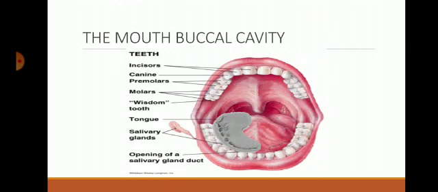Premolars: these are two on each side, large teeth with a flat surface behind the canines in each jaw for grinding and chewing. Premolars work as grinding and chewing. Incisors work for piercing and tearing the food.